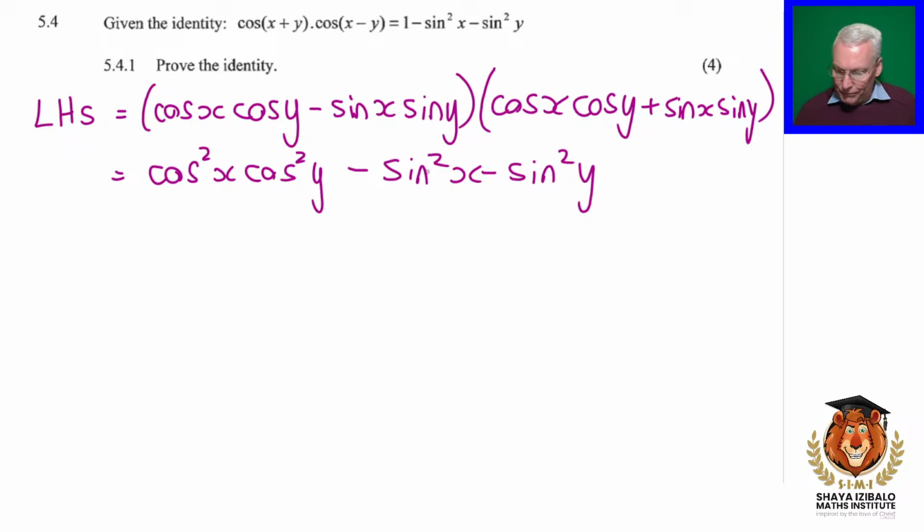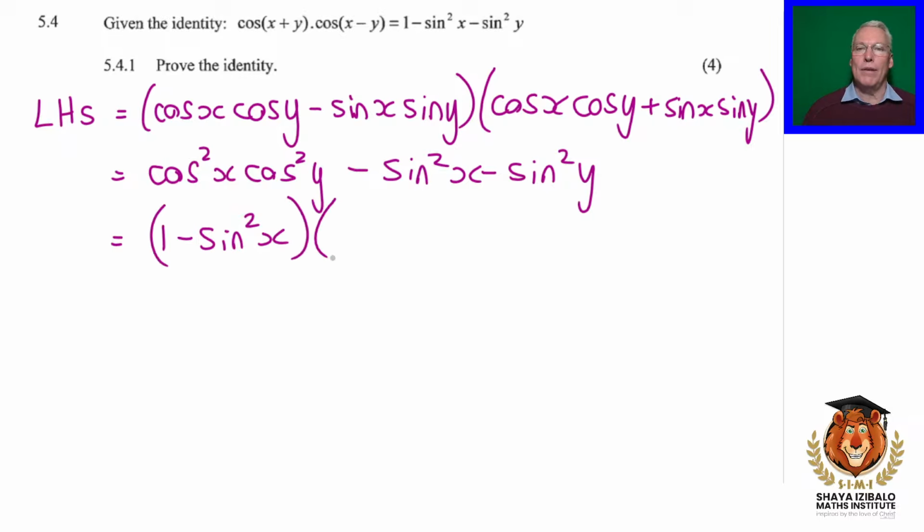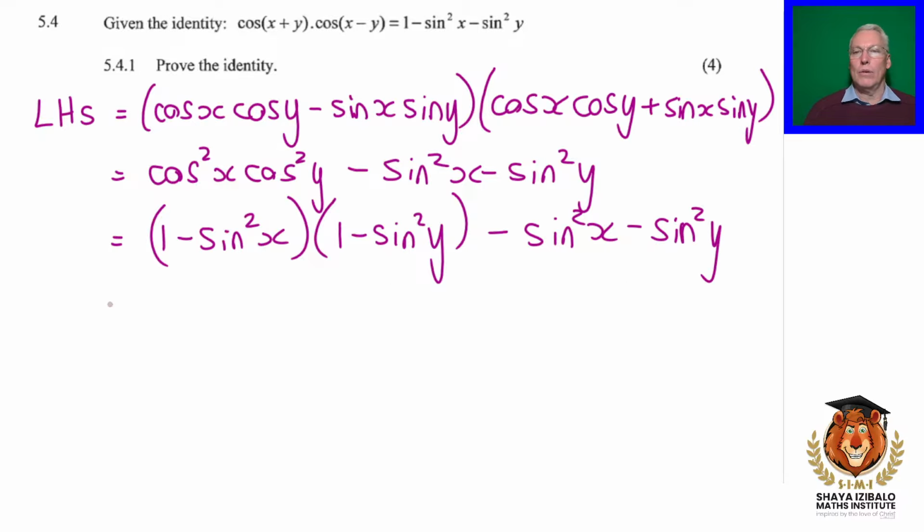All right, so we end up with cos squared x, which is the same as 1 minus sine squared x, and cos squared y is the same as 1 minus sine squared y. And this is minus sine squared x sine squared y. Okay, this multiplies out to 1 minus sine squared x minus sine squared y.